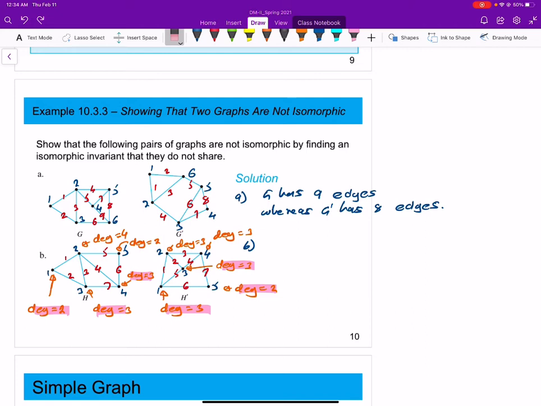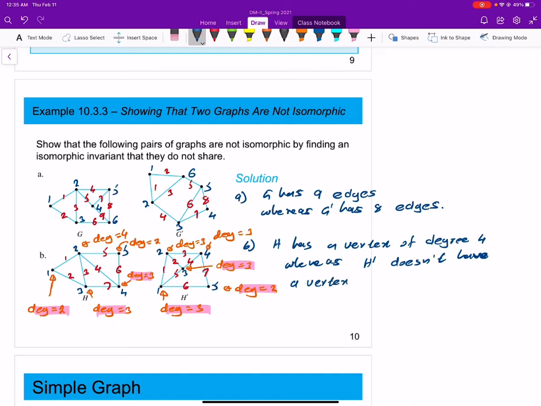Or you can try that. H has a vertex of degree 4, whereas H prime doesn't have a vertex of degree 4.